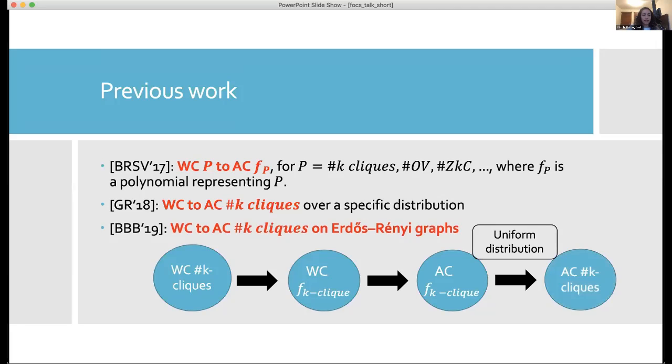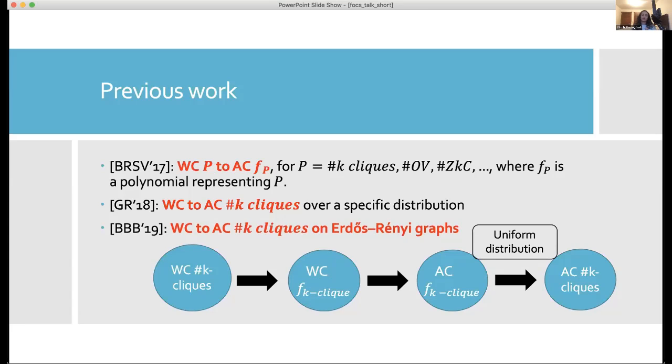And then in last year's FOCS, Boix-Adserà, Brennan, and Bresler give a worst case to average case reduction for counting K-cliques on Erdős-Rényi graphs. So kind of like the uniform distribution now. I'm going to refer to this last paper as BBB's paper because I'm going to reference them a lot.